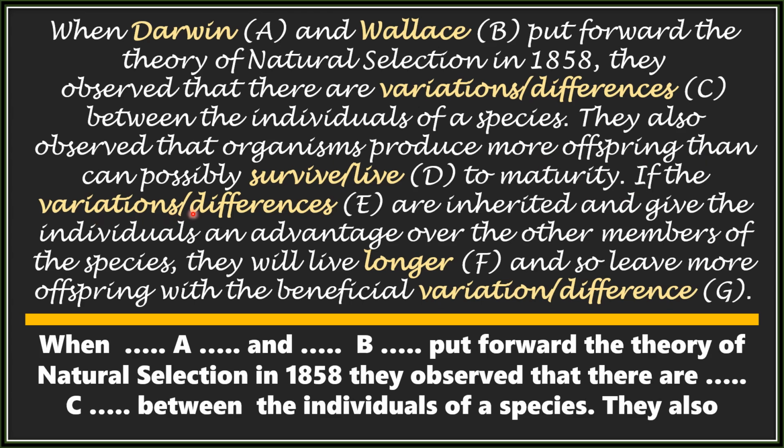If the variations, the differences, are inherited and give the individuals an advantage over the other members of the species, they will live longer and so leave more offspring with beneficial variation or differences.